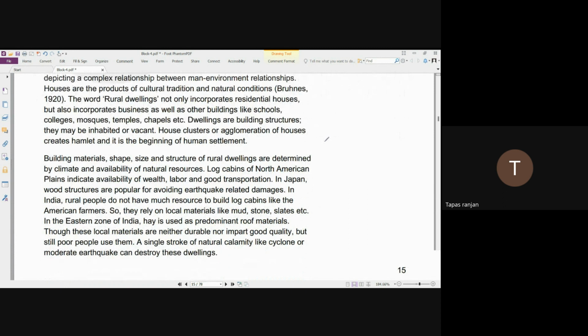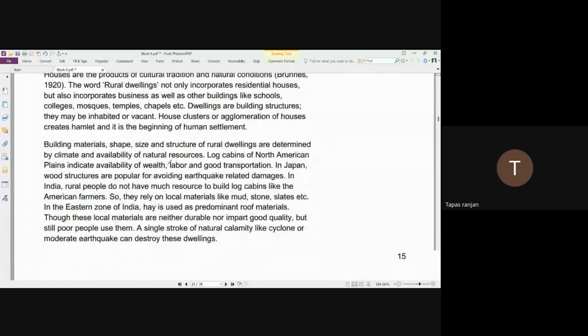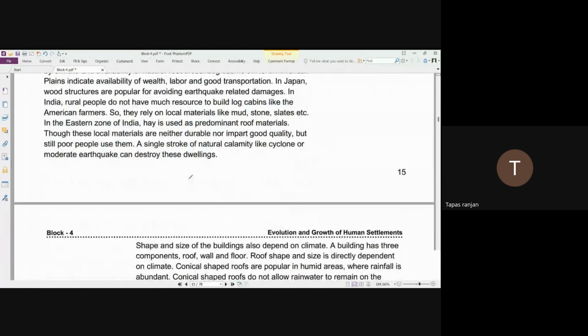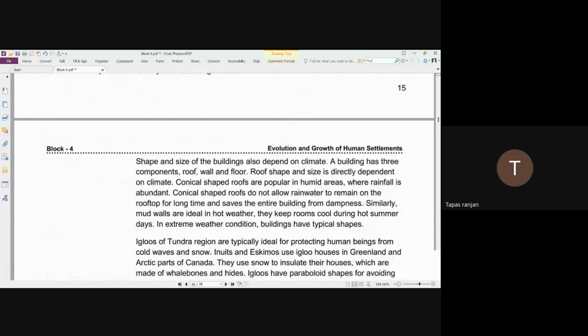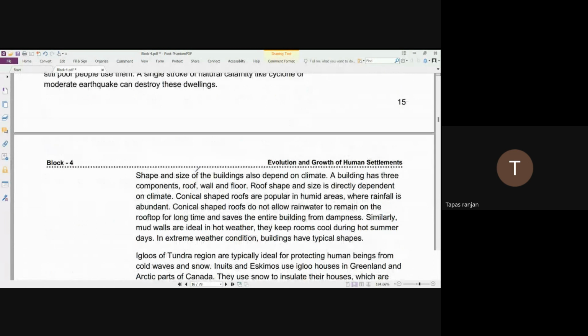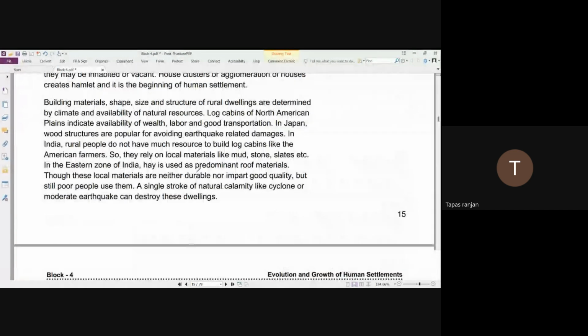Okay, so what are the different building materials they used? They basically used all the natural materials they found nearby. And there will be regional variation in terms of the different types of building material being used in different parts of our country or different parts of the globe.